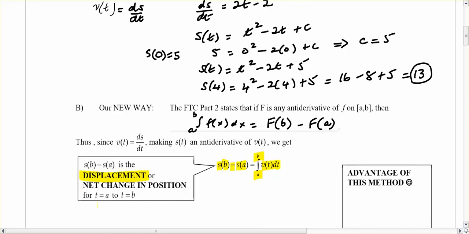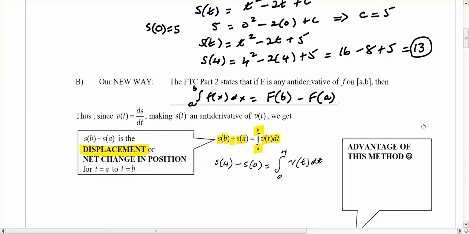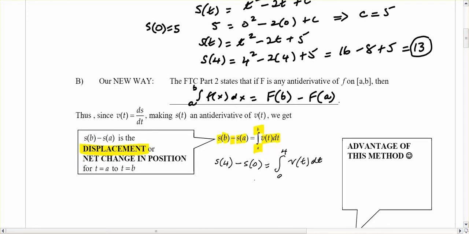All right, so let's use this. We know, therefore, that s of 4 minus s of 0 is going to be the same thing as the integral from 0 to 4 of the velocity function with respect to time. We were told that the initial position was 5.